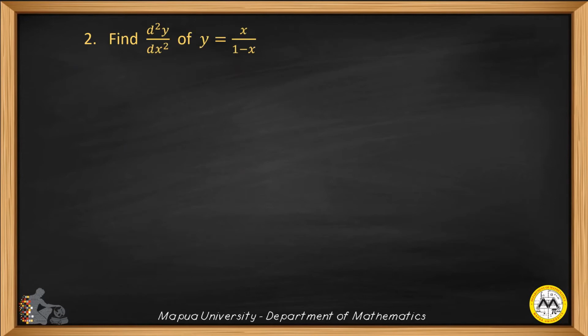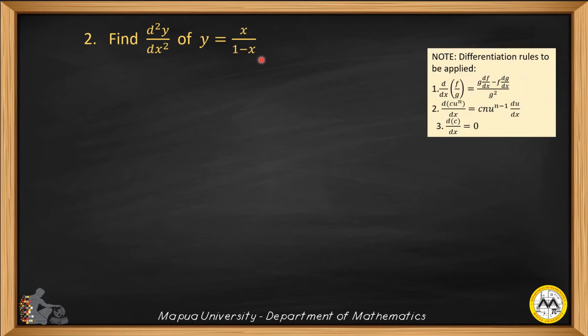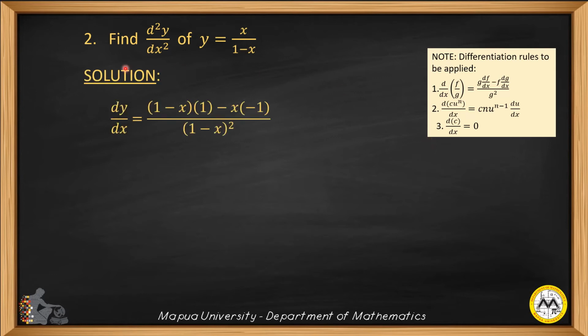Let us have another example, this time to determine the second derivative of y with respect to x of the function y equal to x divided by 1 minus x. The rules on differentiation that we are going to use are as follows. For the first derivative, we will use the rule to differentiate a quotient or a ratio, given by formula number 1.